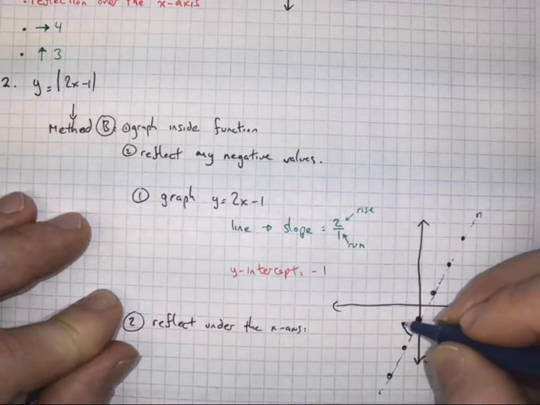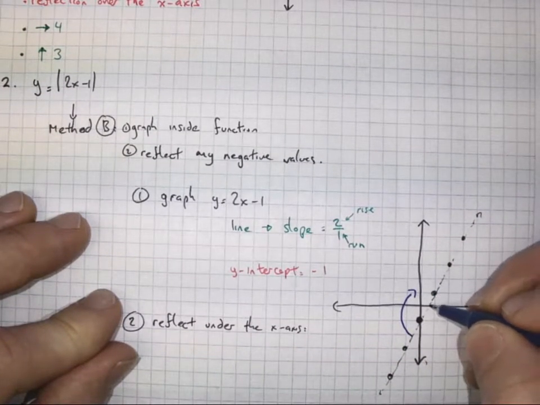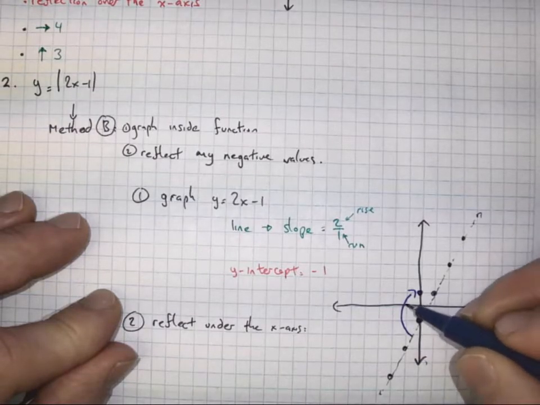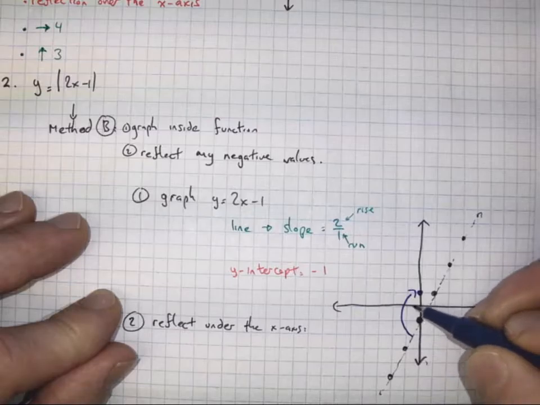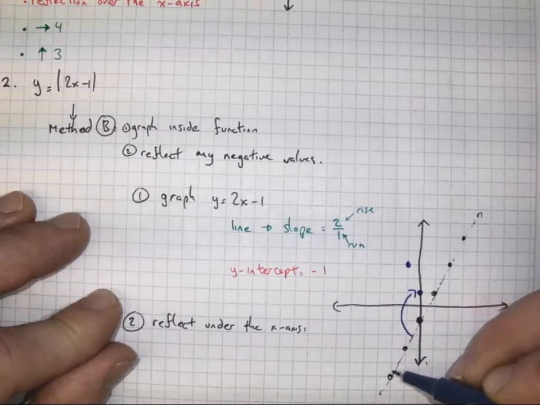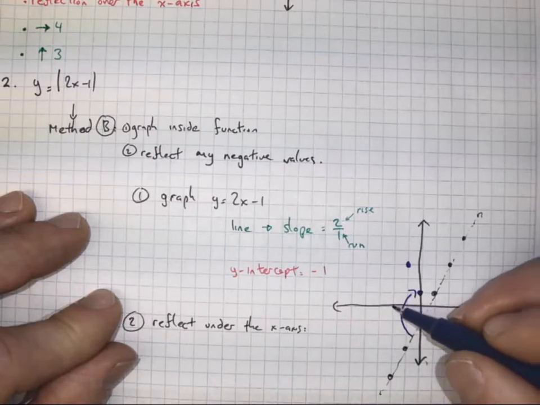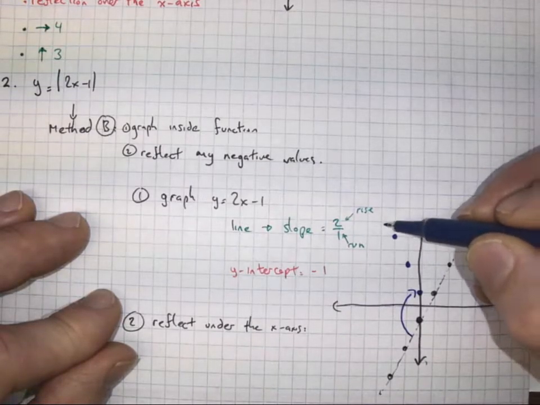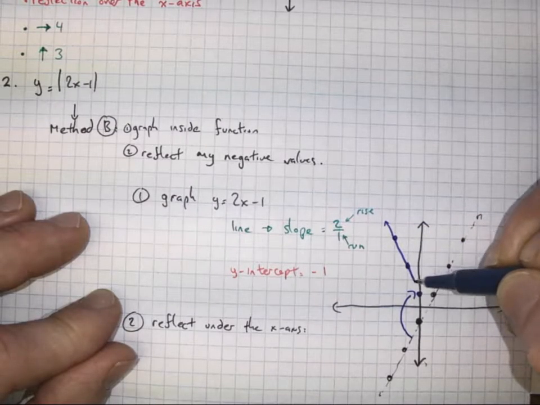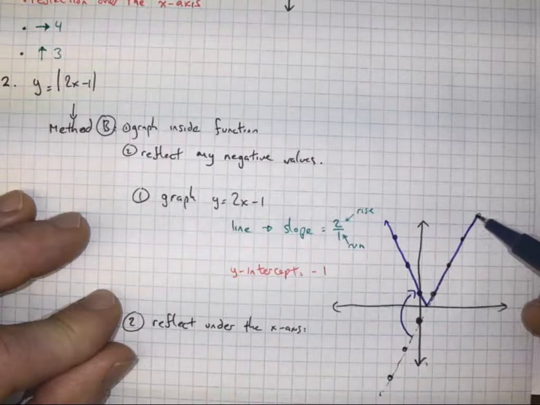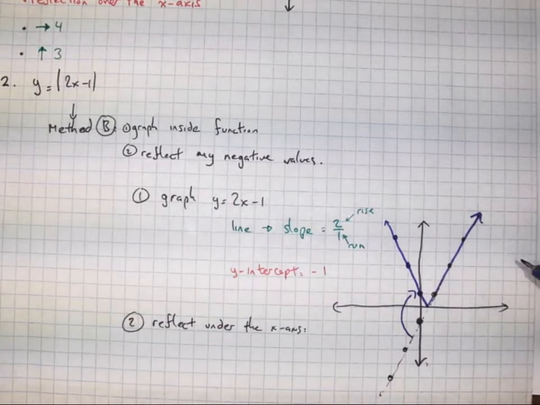So I'm going to flip these guys up, and that means instead of being -1, -3, it becomes -1, +3. -2 and -5 becomes -2, +5. And there is our function.